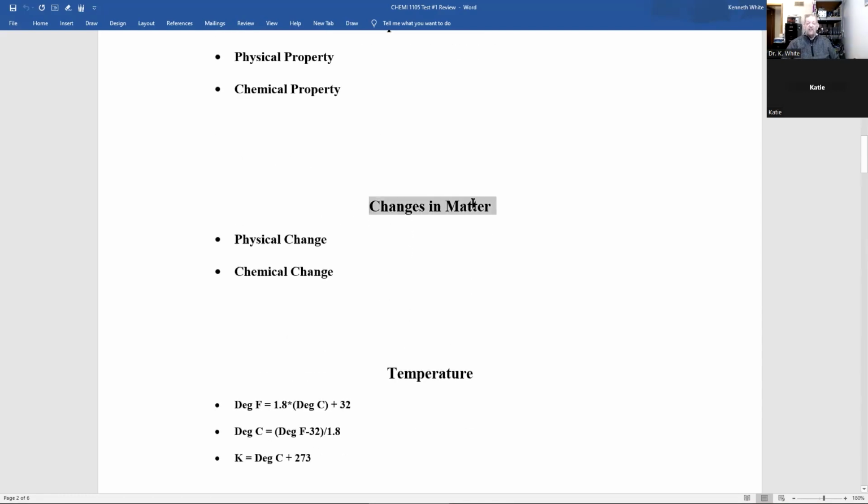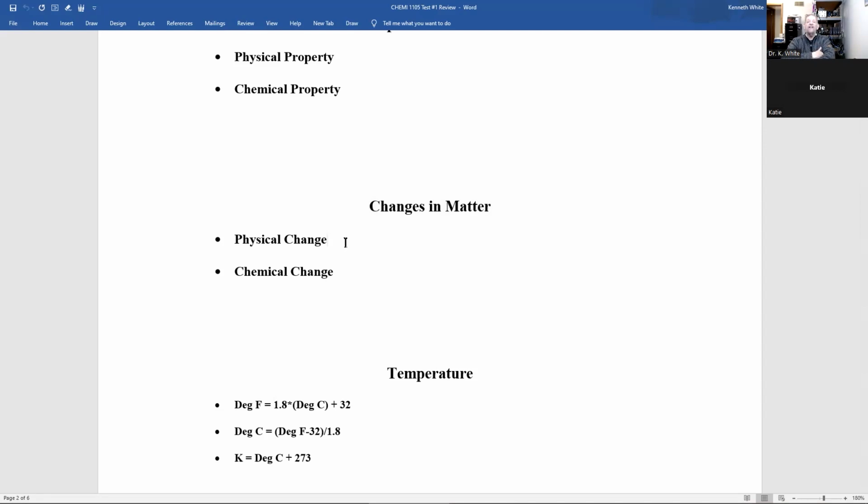Next, we talk about changes in matter. And there are two types, a physical change and a chemical change. Now, physical change is when you have a change in state. Example would be if I boiled water. When the water is boiling, you see it's going from a liquid to a gas phase.